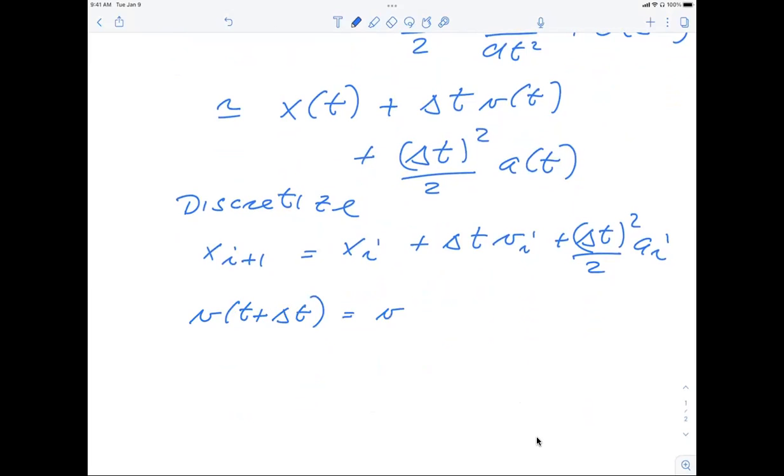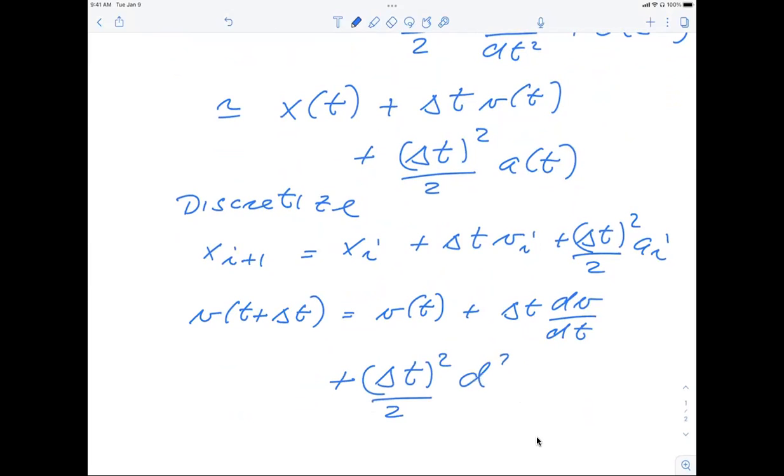So we would have a v of t, and then we do a delta t, and then we have the dv dt. And then we have the higher order terms, delta t squared, and then we have the second derivative of velocity with respect to t.